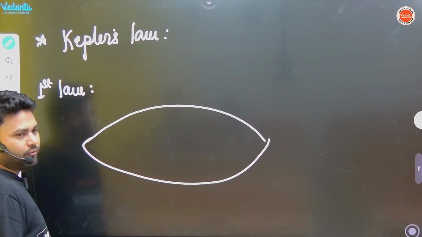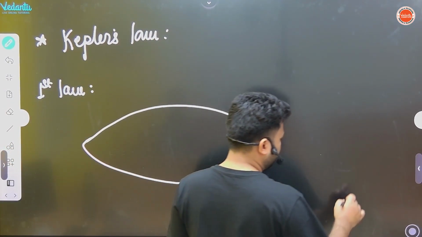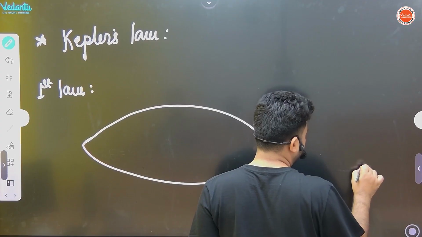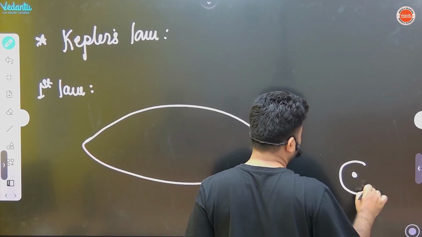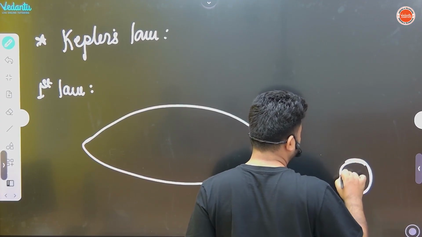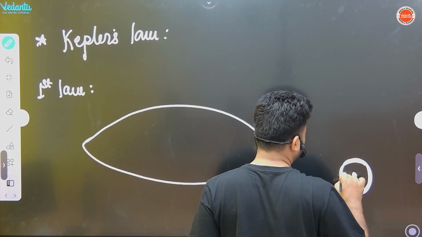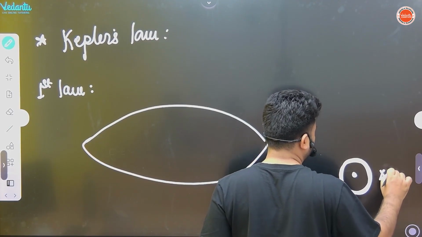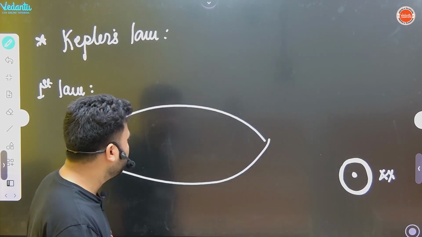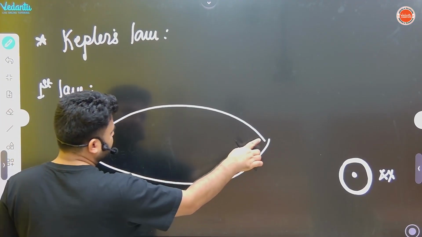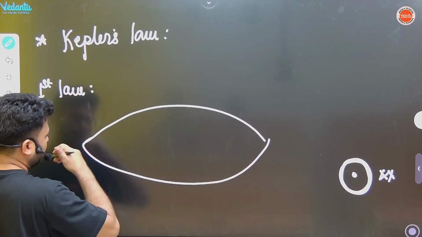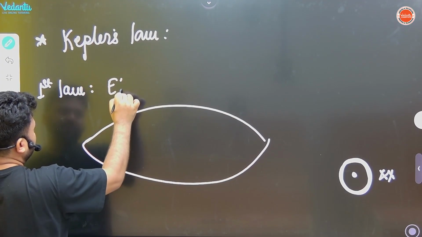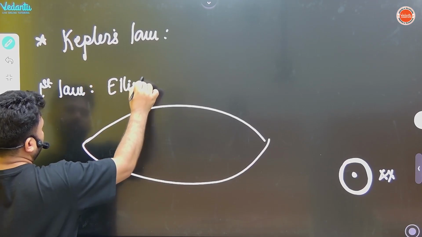Normally what we used to think is that this is the sun and the planets are moving around the sun in a circular path. No, this is a wrong concept. Planets move around the sun in elliptical path. This is the first law.